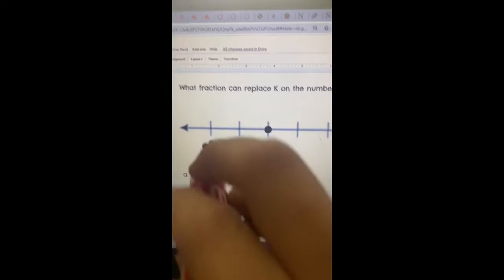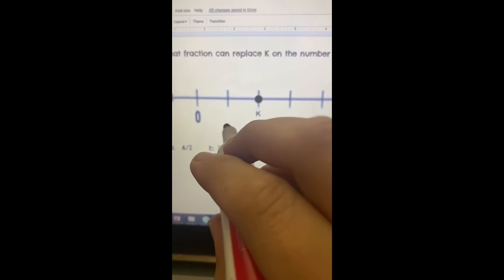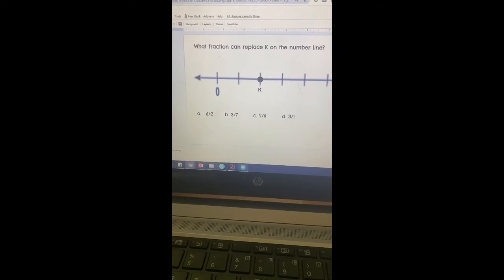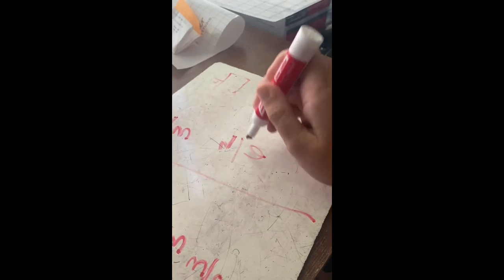All right, so this one would be 0/6 if I could write on there. 1/6, 2/6. Ooh, do I see anything that says 2/6? It's got a 6 and a 2, but that says 6 halves. 2/6. Remember, your total number of pieces will always be at the bottom. They will trick you and try to see if you know the difference. But the correct answer is C for this problem, okay? Don't let them trick you.